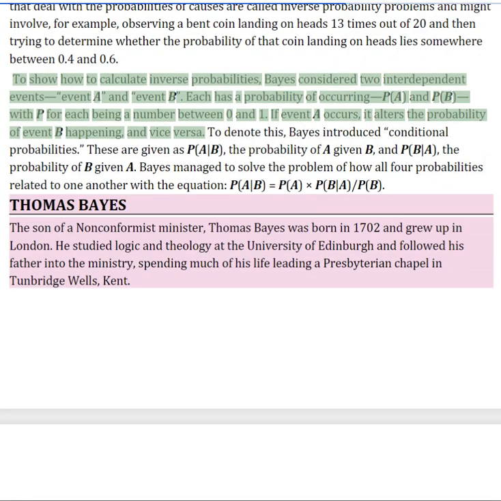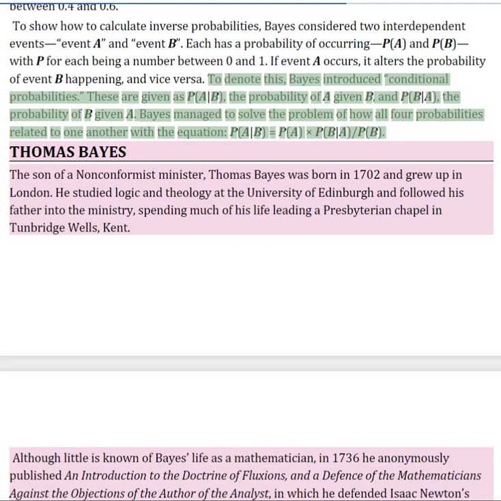To show how to calculate inverse probabilities, Bayes considered two interdependent events, event A and event B. Each has a probability of occurring, P(A) and P(B), with P for each being a number between 0 and 1. If event A occurs, it alters the probability of event B happening, and vice versa. To denote this, Bayes introduced conditional probabilities.